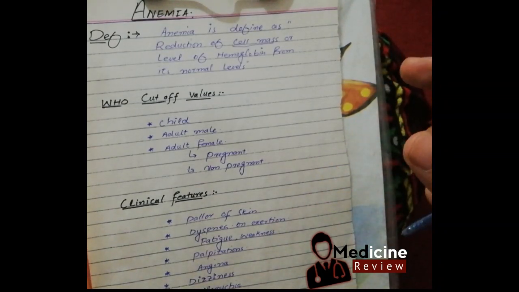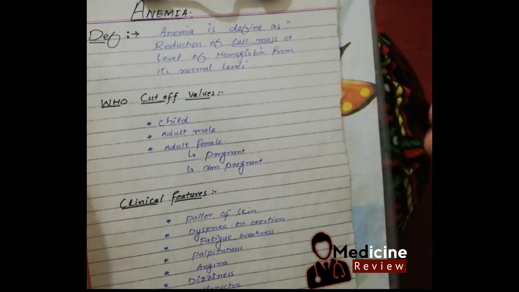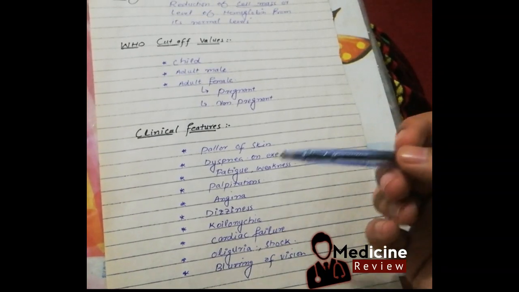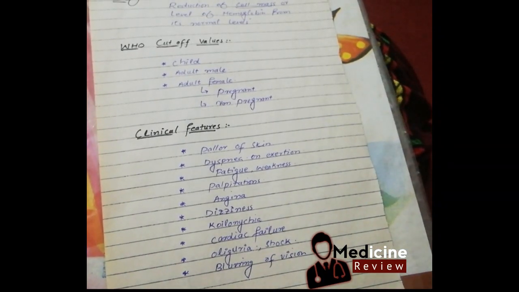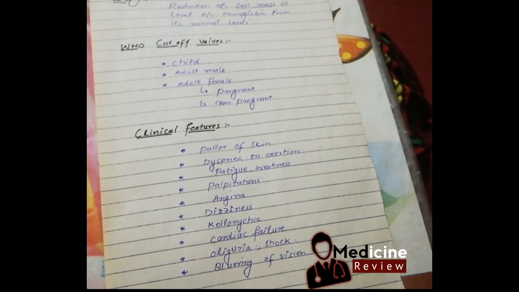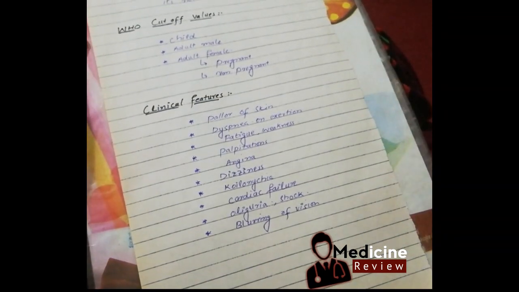The level of hemoglobin differs from lab to lab, depending on what chemical they are using, so according to the lab they give the values, and from that you can check the level of hemoglobin. But as a general rule, 12 to 16 or 12 to 15 is the normal WHO cutoff value for hemoglobin. Now let's jump into the clinical features.